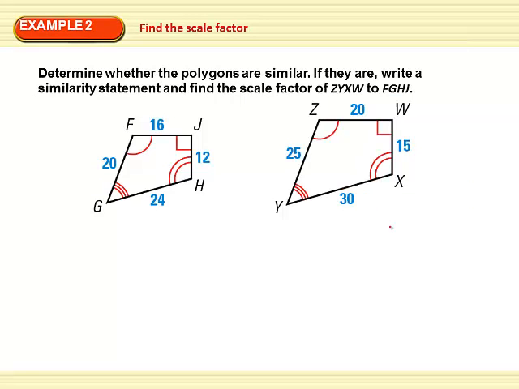Okay, so it says determine whether the polygons are similar. If they are, write a similarity statement and find the scale factor of ZYXW to FGHJ.